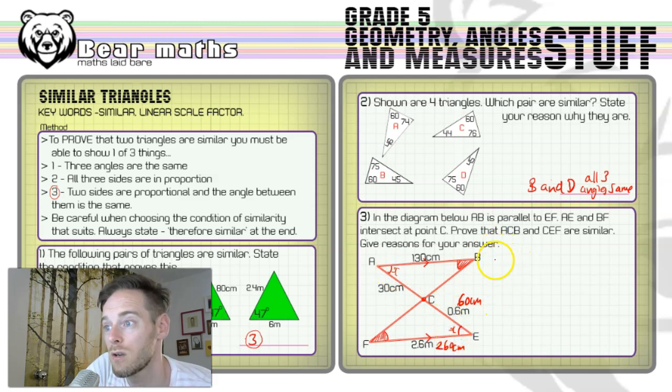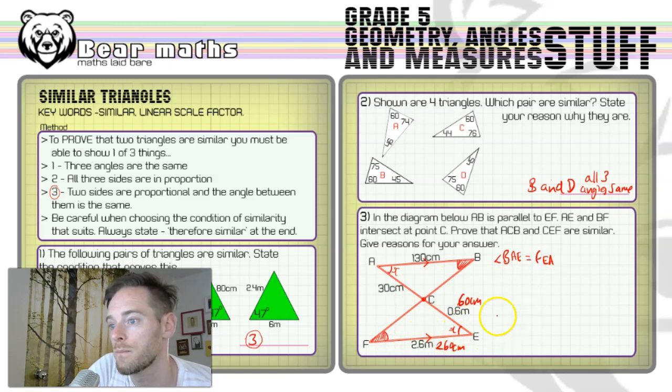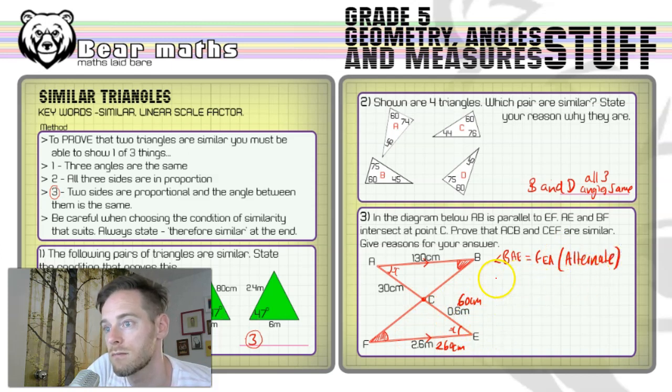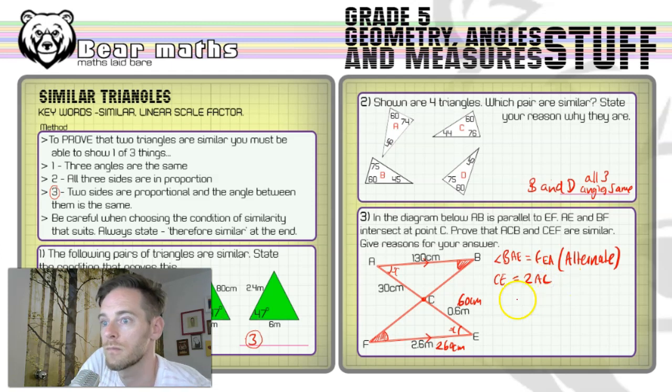Angle BAE is equal to angle FEA, and that's because they're alternate. CE is equal to 2 lots of AC, and FE is equal to 2 lots of AB.